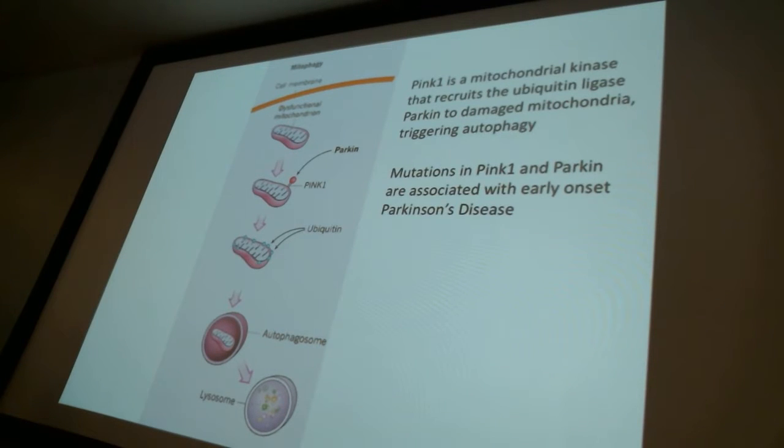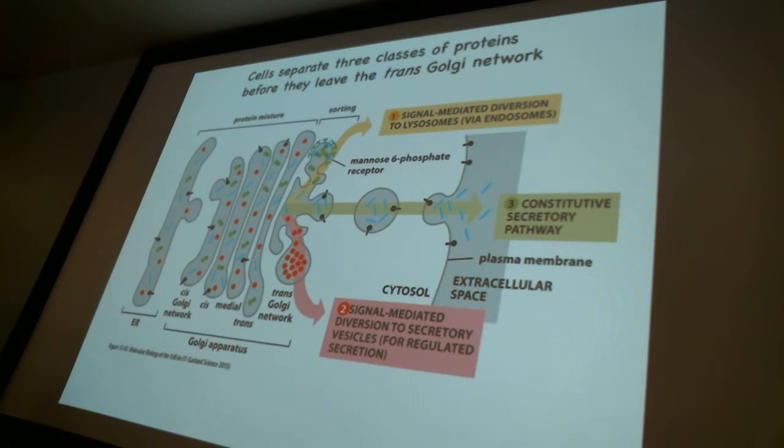PINK1 basically brings the enzyme that can add ubiquitin to damaged mitochondria, and this ubiquitin addition is one of the signals to engulf and degrade these organelles. So people now understand that Parkinson's disease is associated with a defect in autophagy, at least one of the genes that can lead to Parkinson's disease.